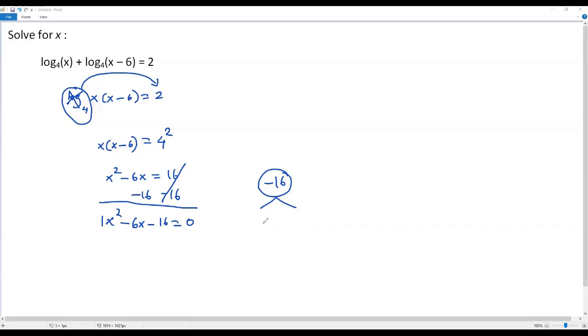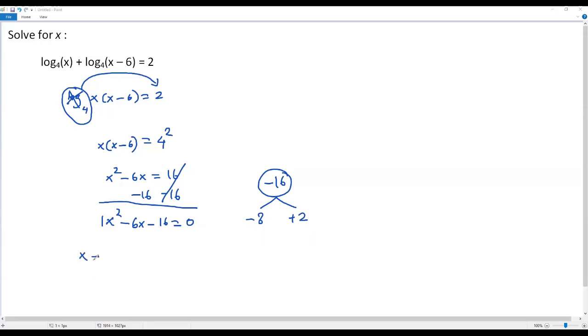I think negative 8 and positive 2 will work, because when I multiply negative 8 and positive 2, I'm getting negative 16, and when I add them, I'm getting negative 6, which is the coefficient of x. Further, I divide both factors by the coefficient of x squared, 1, and still get negative 8 and positive 2.